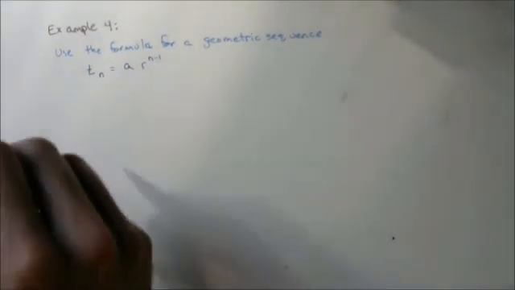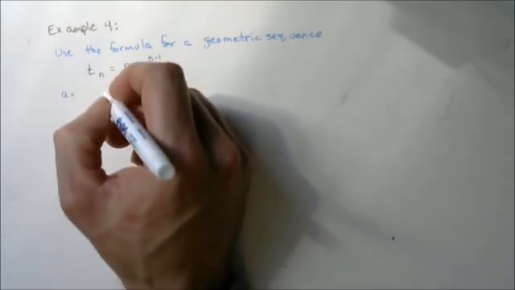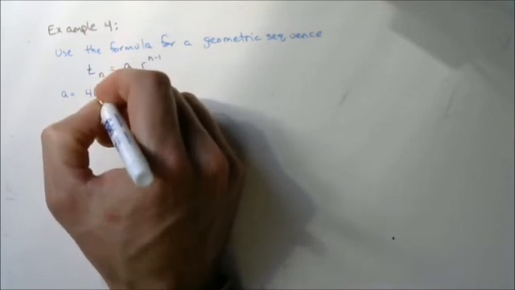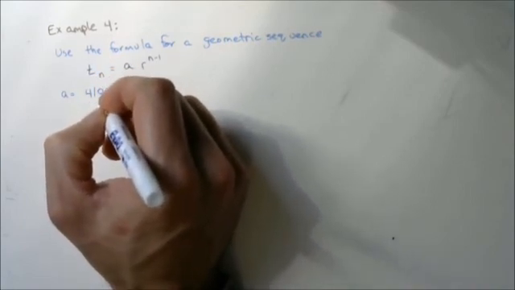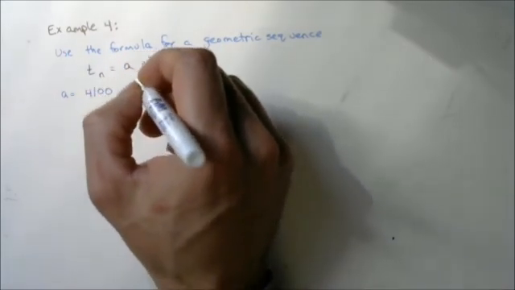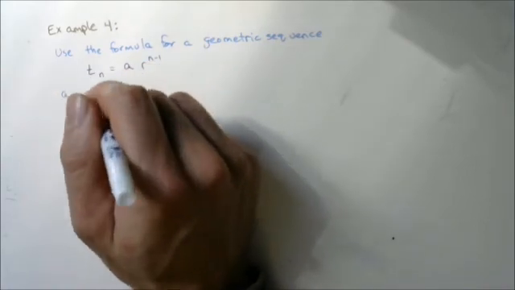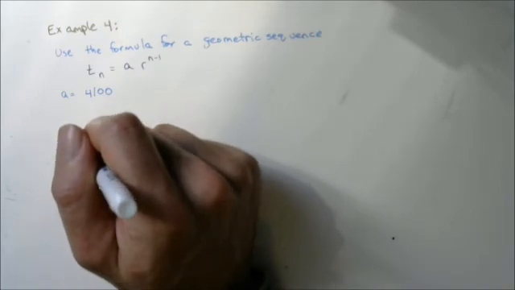What do we know? We know that in 1984, the first year, first period, there were 4,100 deaths in that, sorry, not in that 5-year period, in that year. There's 4,100 deaths in that year. It decreases by 8% every 5 years.